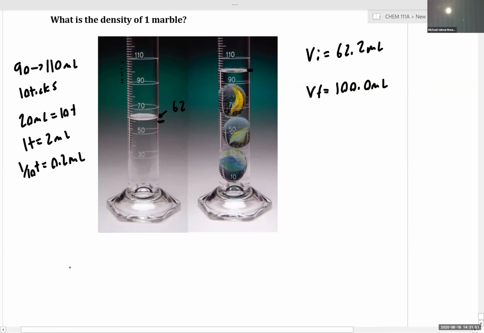So we know that density is equal to mass over volume. Well, first, even before that, the volume of our marbles is equal to V final minus V initial, which is 100.0 milliliters minus 62.2 milliliters.